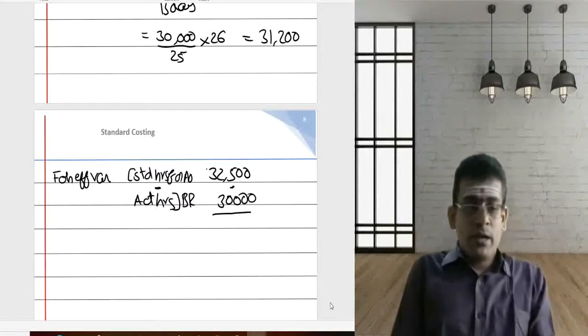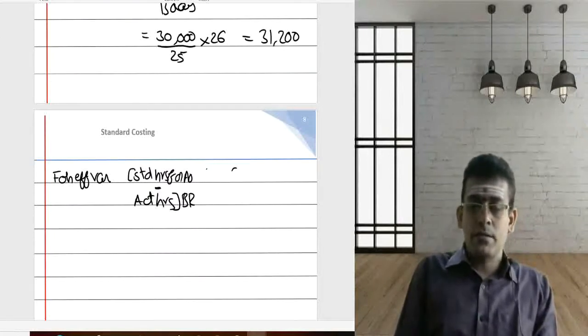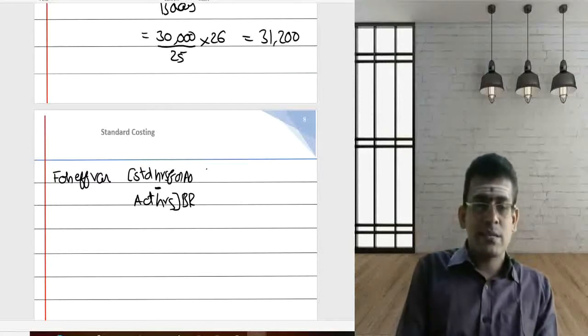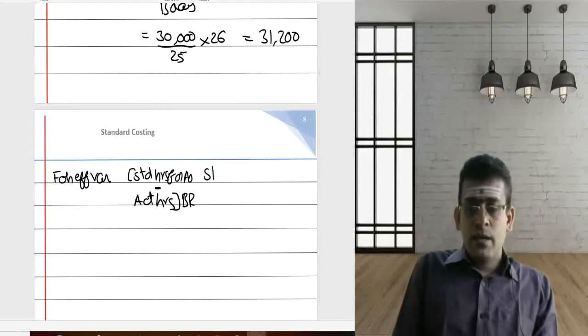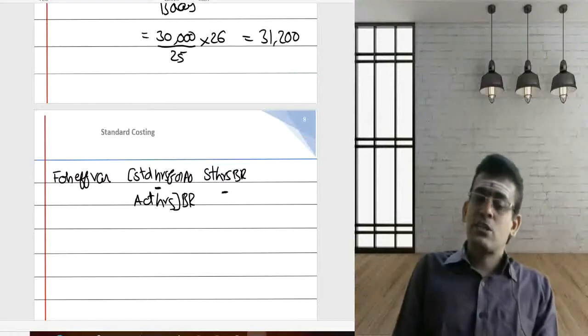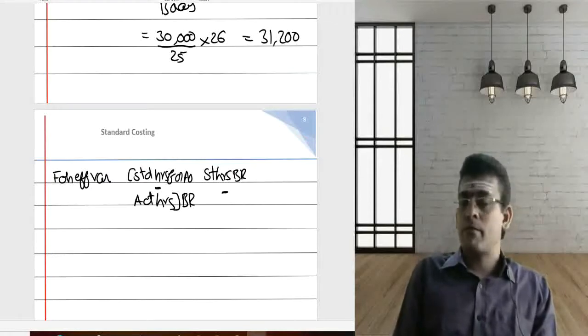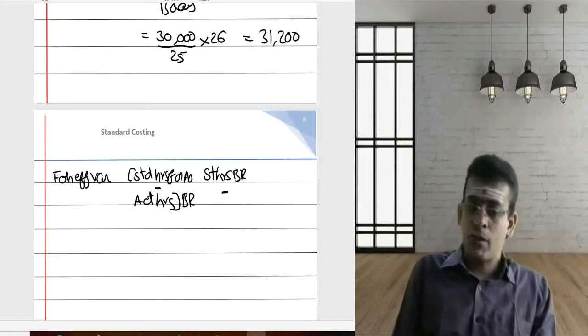Or simply, as we have done in labor and material variance, I can take standard hours into budget rate minus actual hours into budget rate, or simply take the difference of hours and multiply that with your budget rate. Whatever way you feel comfortable, you can do it.